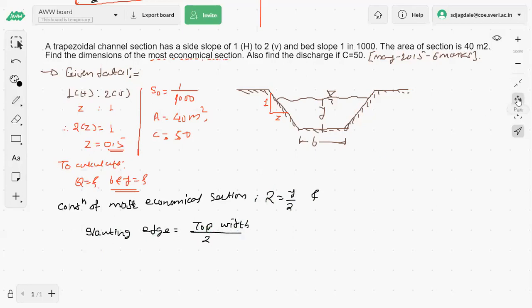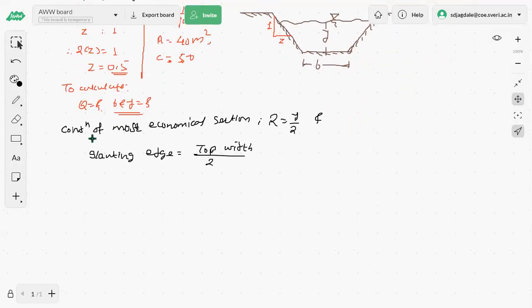So we know the relation in terms of B, Y and Z, so we'll reduce it in terms of B, Z, Y. So the top width is 2 into ZY plus B.